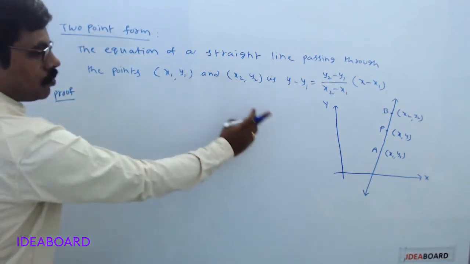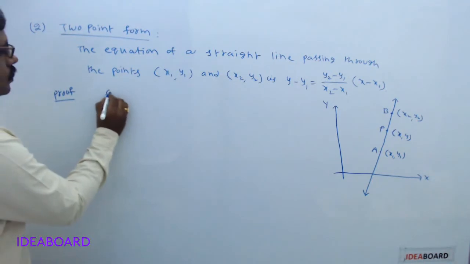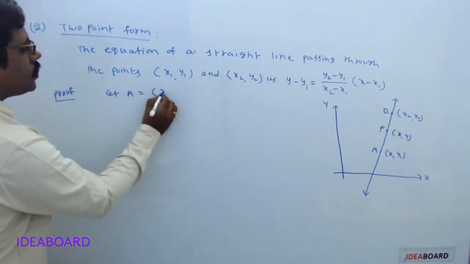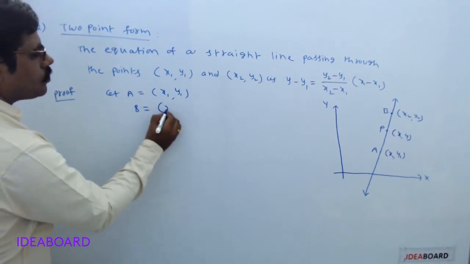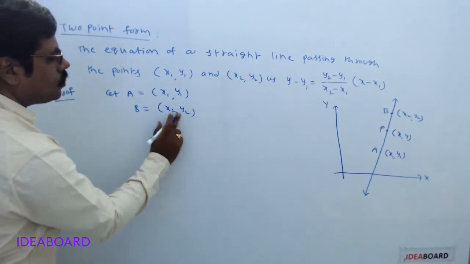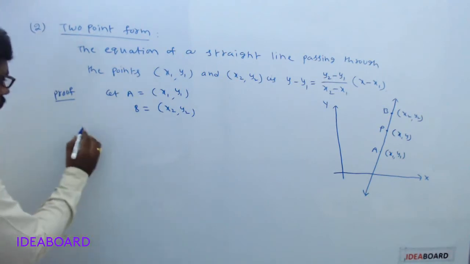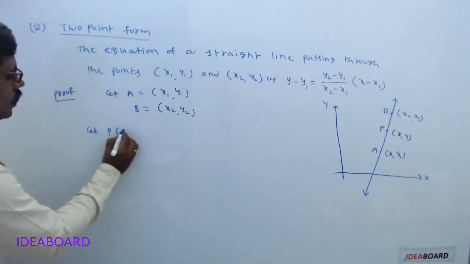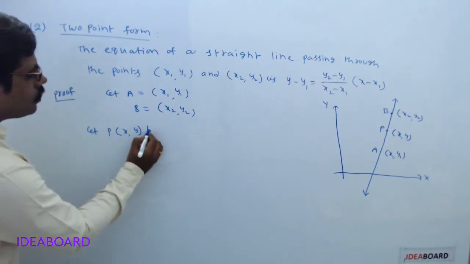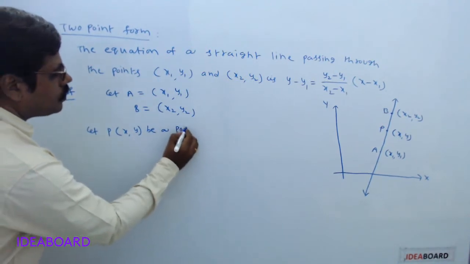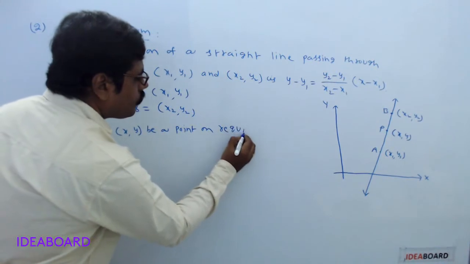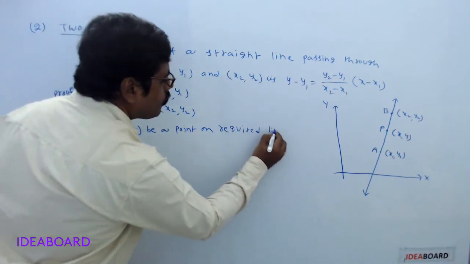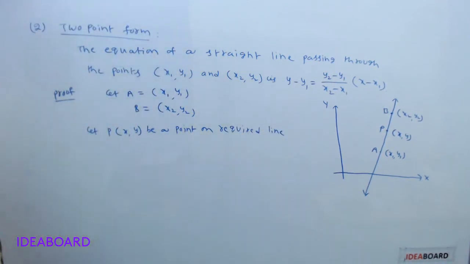Now denote the given 2 points with A and B. So let A equal (x1, y1), B equal (x2, y2). Let P(x, y) be a point on the required line.